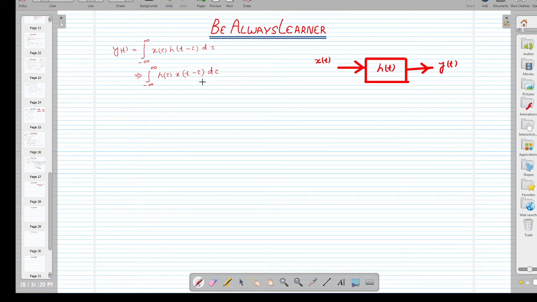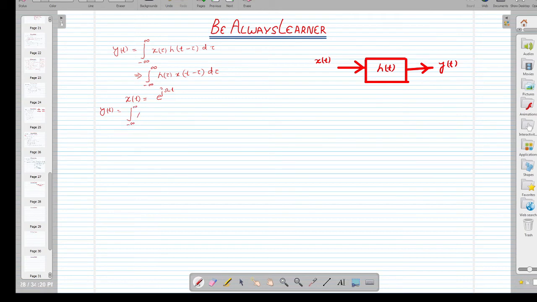So this is equal. Now we can also assume here that our input for the system is e raised to the power j omega t, which is a complex exponential signal. Now we have to compute the output y(t) if x is given by a complex exponential signal.